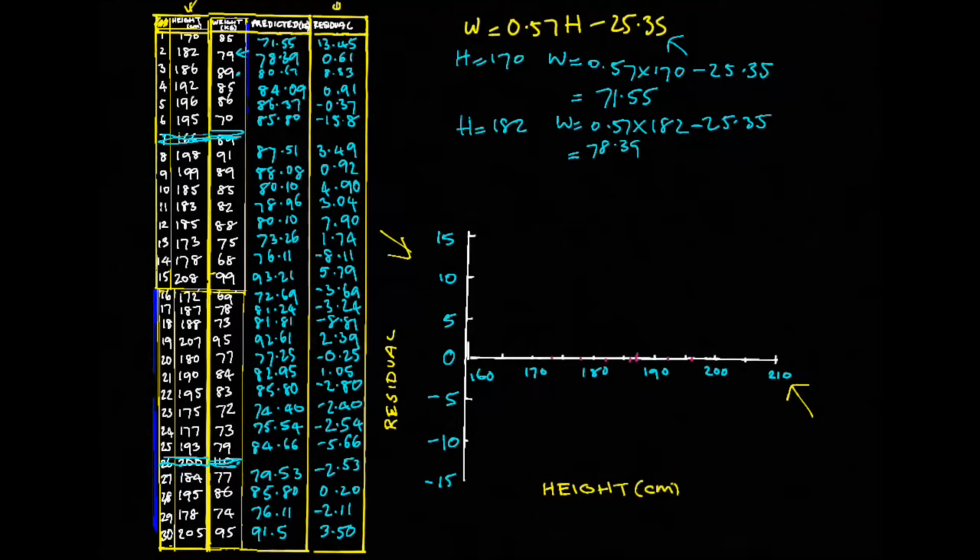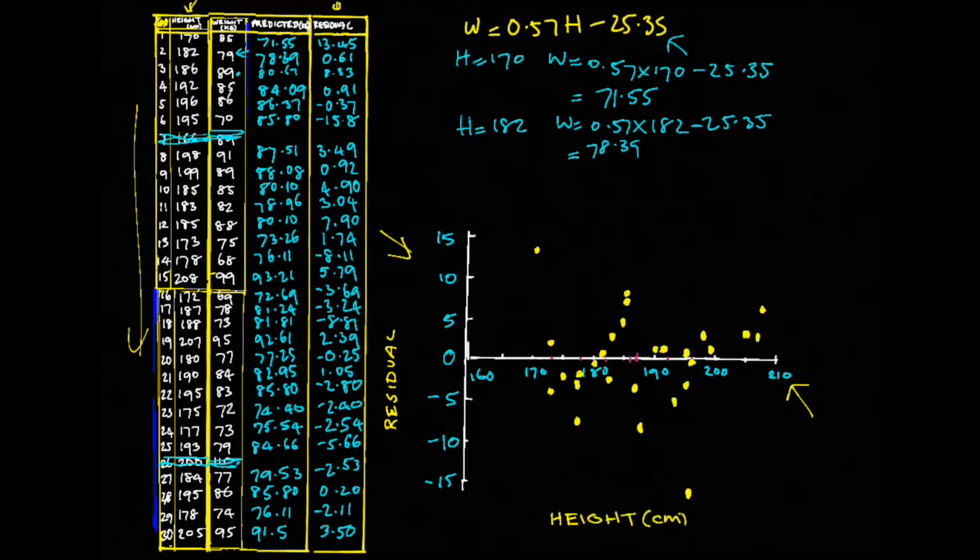So the first point is 170 and 13.45, then 182 and 0.61, 186 and 8.33, 192 and 0.91, 196 and negative 0.37. And I'm just going to go ahead and keep working down the chart, graphing height against the residual until it's complete.